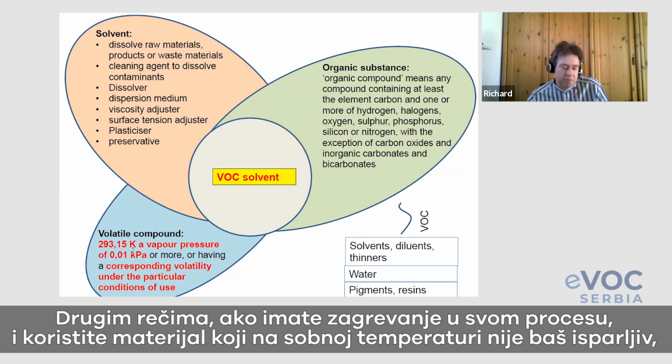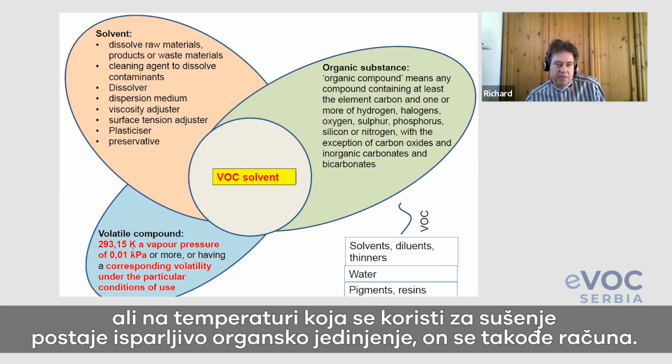In other words, for example, if you do a heating process and you have a solvent that is under normal conditions not so volatile, but in the drying conditions it is, such material would then be an organic volatile solvent.